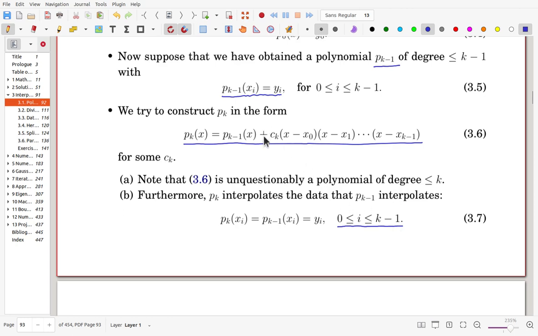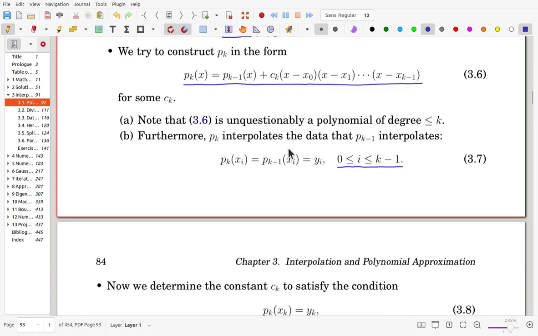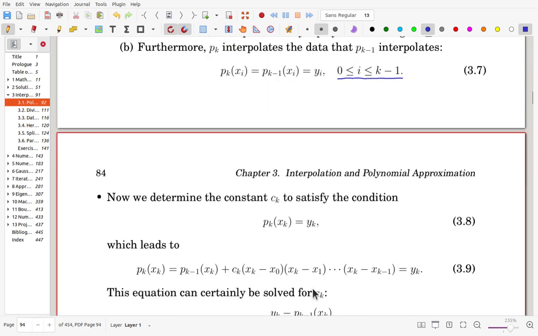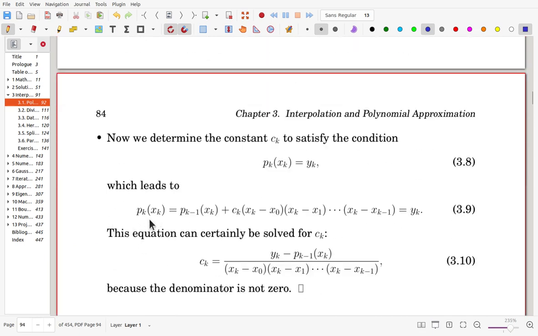Now we'll decide the ck such that pk at xk is yk. Now here if x is xk, then we have pk minus 1 at xk, and this term, which must equal yk.